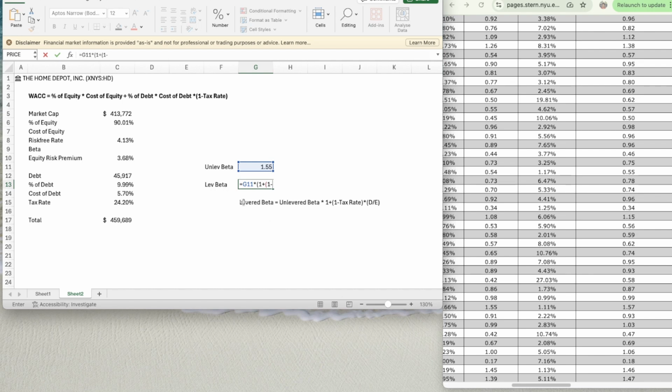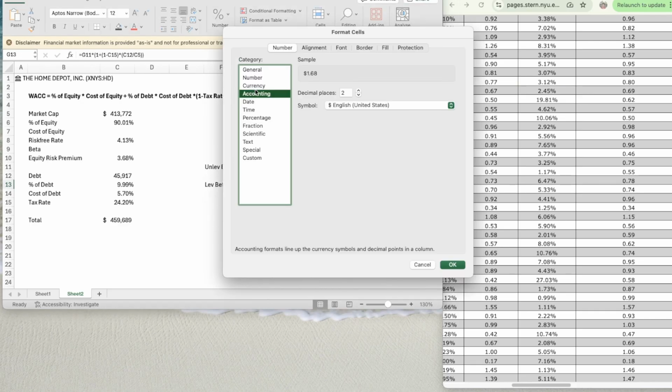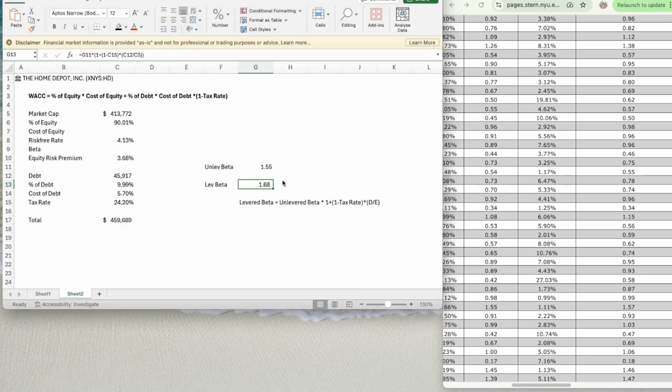Then levered beta equals that times 1 plus, 1 minus the tax rate, multiplied by the debt divided by the equity. Okay, so 1.68. Now the cost of equity is the risk-free rate plus the beta multiplied by the equity risk premium.